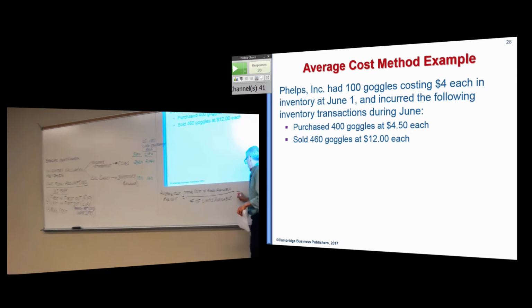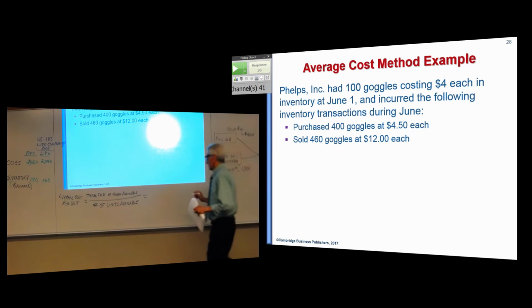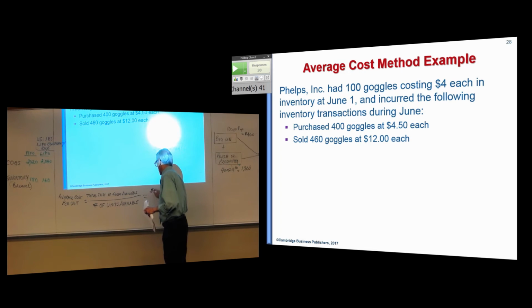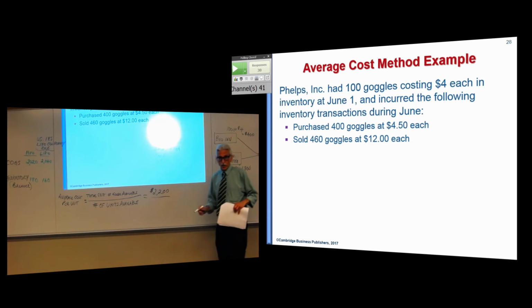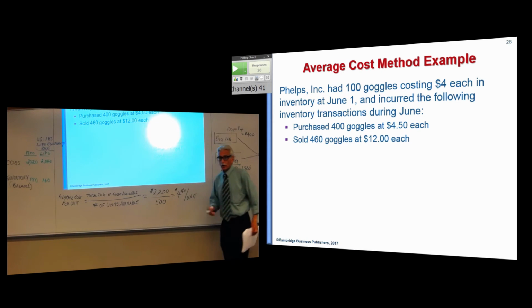And in this case, the total cost of goods available is what, 2,200? Total number of units is 500. The average cost per unit is $4.40.